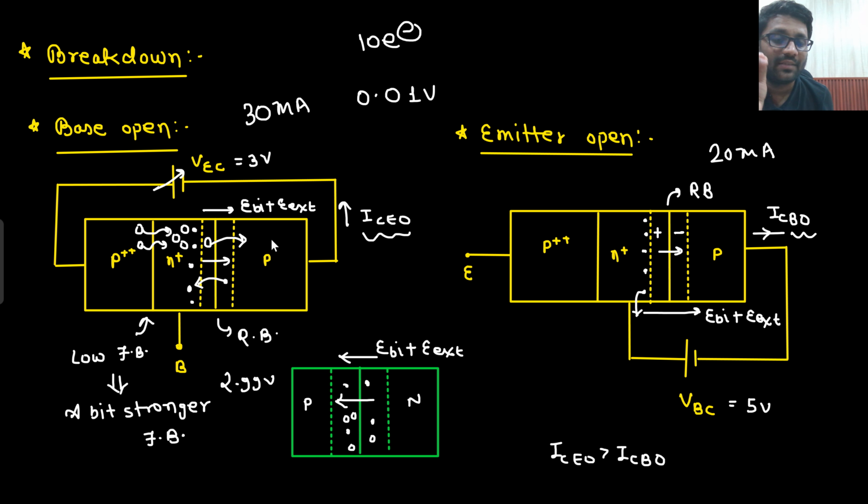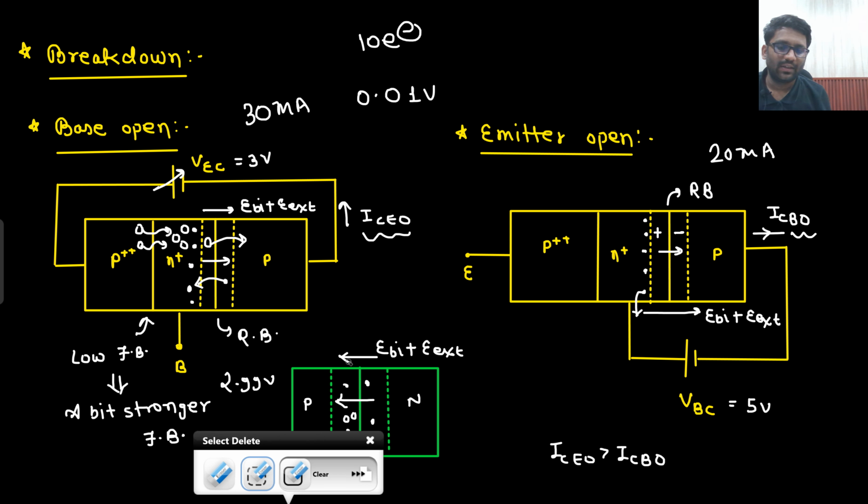The actual reason behind this lower breakdown voltage is that even if you apply low voltage, this junction will get good enough reverse bias, but along with that, the emitter junction would become more forward biased. Because of that, more and more holes will come into action in the base region, and those holes will be swept away by this particular electric field, and a larger current would flow at a lower potential only. But here I will have to apply larger potential. I hope it is clear.